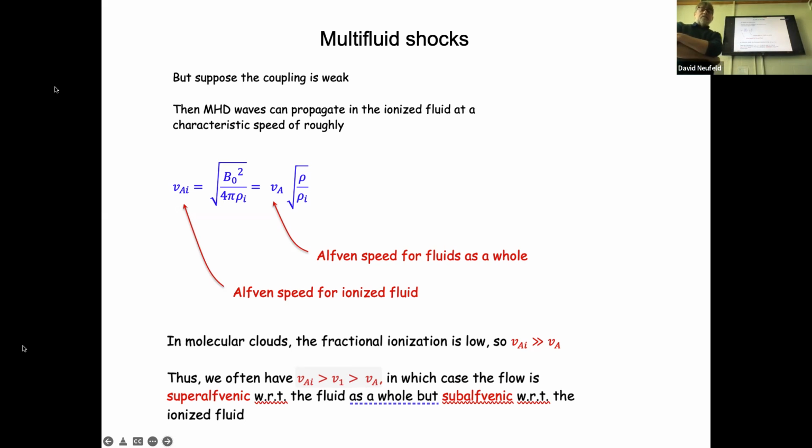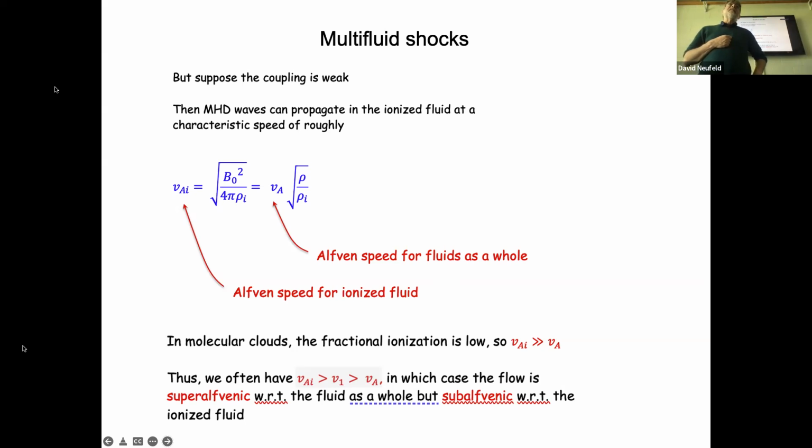Some of you know well that when you have a magnetic field, there are other modes in which waves can propagate, Alfvén waves. And even the normal mode of sound waves, longitudinal waves, have their velocity increased by the presence of the magnetic field.